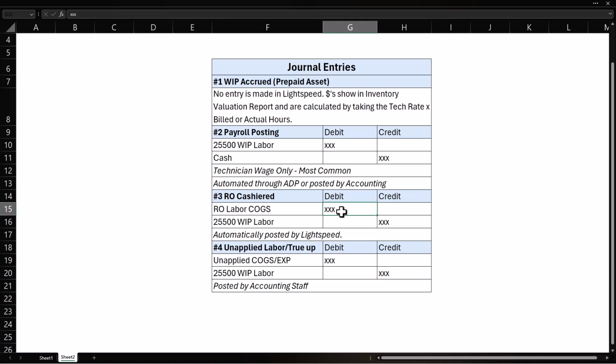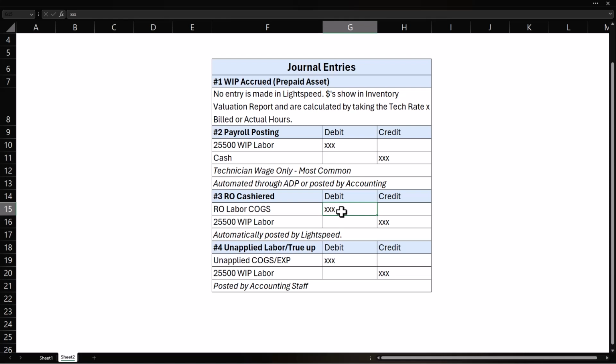Let's say you've got 10 open repair orders and you did $20,000 worth of work in March. We didn't actually get paid for those jobs by our customers. They didn't come in to pick up the units until April. If you weren't doing accrual accounting, if you weren't doing this WIP process, in March you're going to show a $10,000 expense in your service department and you don't have revenue for those jobs.